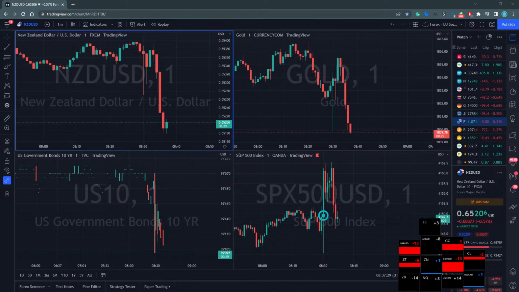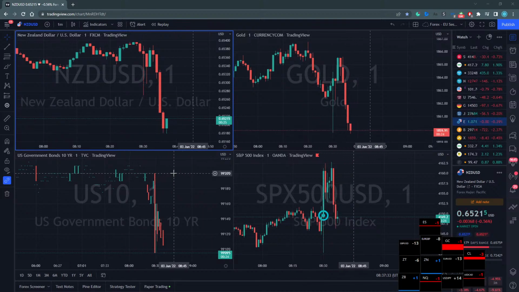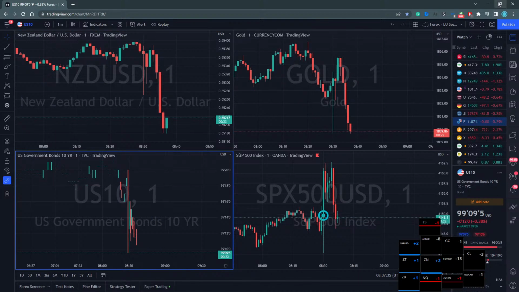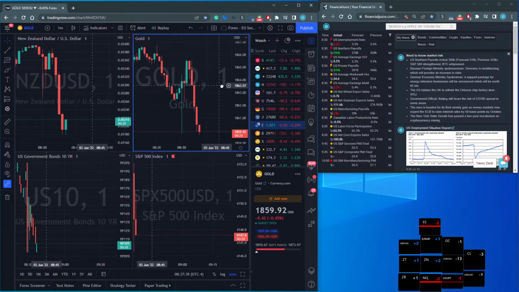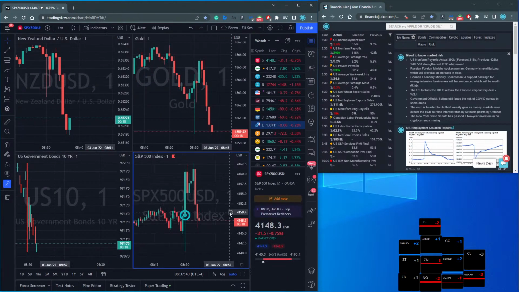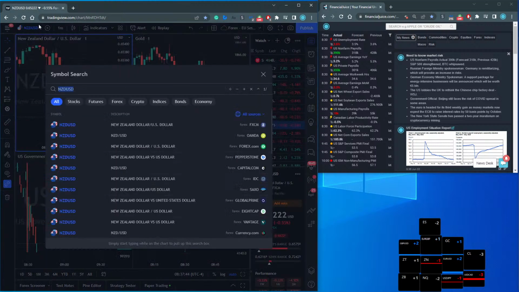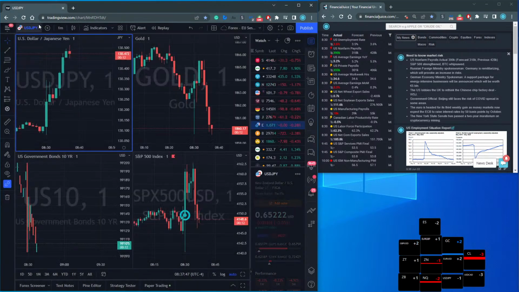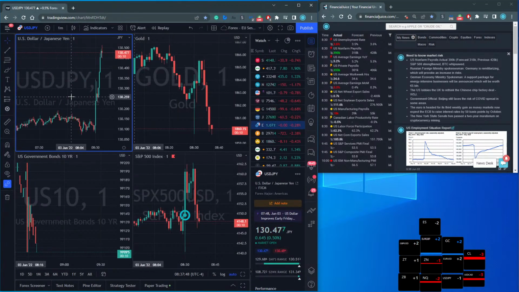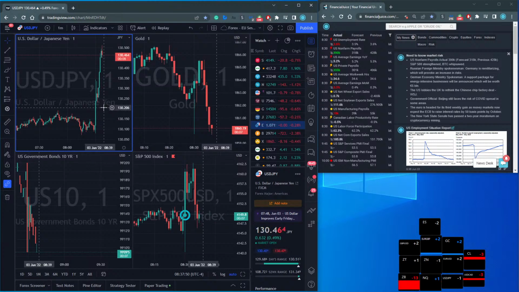Let's also look at the T1. Right. Oops. Let's bring up the dollar yen back. Right, so the dollar yen is still moving higher off of that release there.